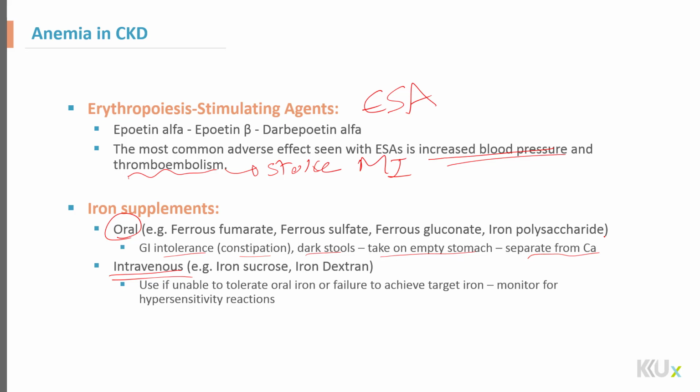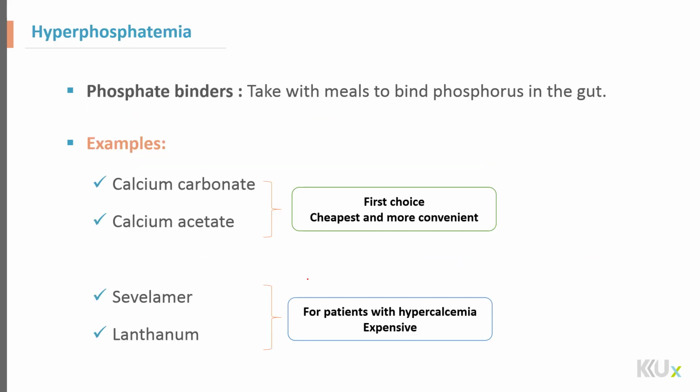IV, like iron sucrose and iron dextran, use only if the patient is unable to tolerate oral iron or fails to achieve the target with oral iron, and monitor for hypersensitivity reactions. Some of these iron supplements should be tested for allergy before continuing infusions.